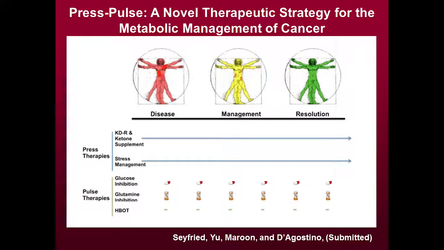This is a new novel therapeutic strategy for the metabolic management of cancer. And it is my opinion that this, in time, will eventually make most other standard therapies for cancer obsolete. Because this is based on the biology of the system, on the biochemistry of the system, and not some genetic nonsense of the system. Okay?